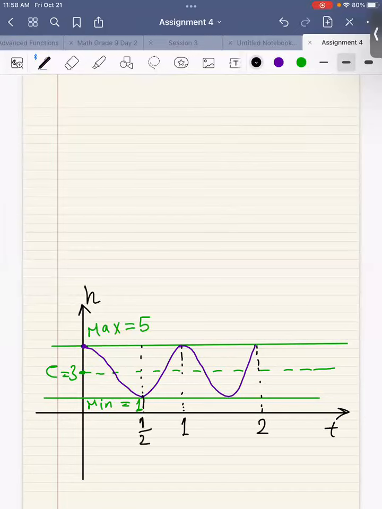So the period, I told you, is the distance between two consecutive maximums. So two consecutive maximums or two consecutive minimums is the period T, which is equal to 1.